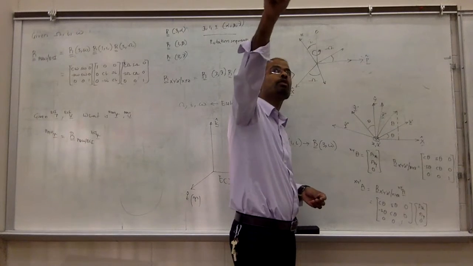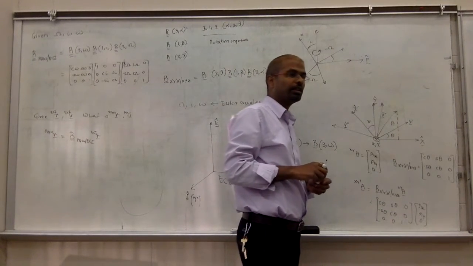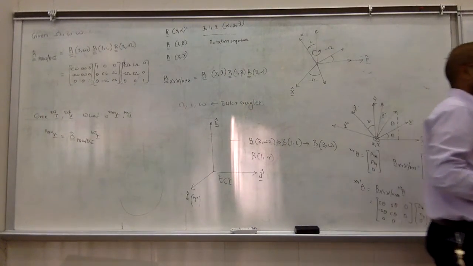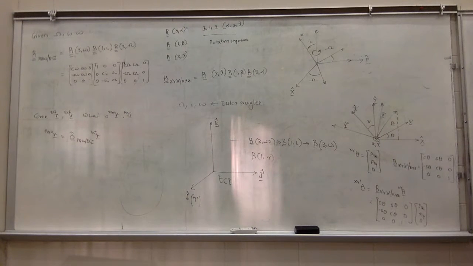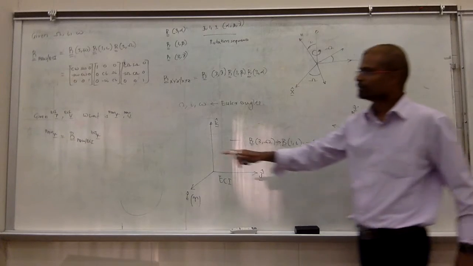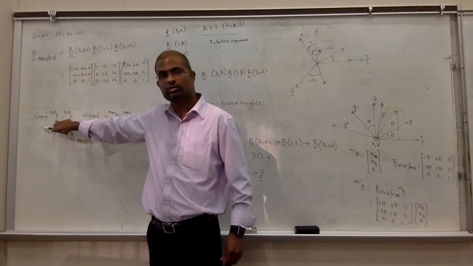If you're looking at some point, it's just the change in direction of that component. The point will be there itself, but depending on whether you use this coordinate system or that coordinate system, the components will change. How you measure x, y, z will change. You understand? That's what we are learning here: coordinate transformation.